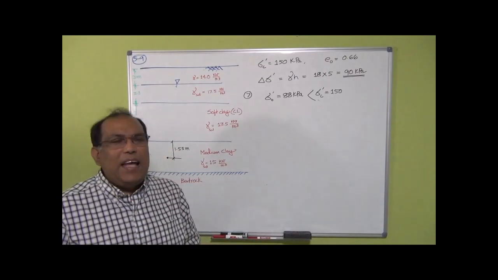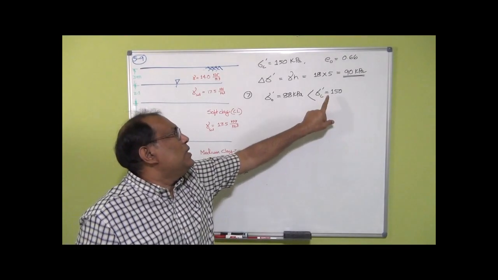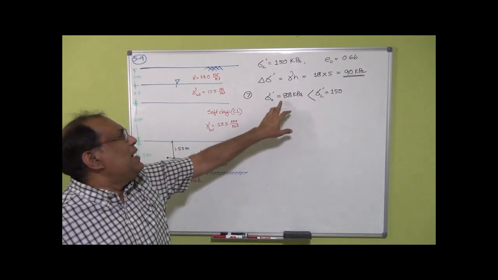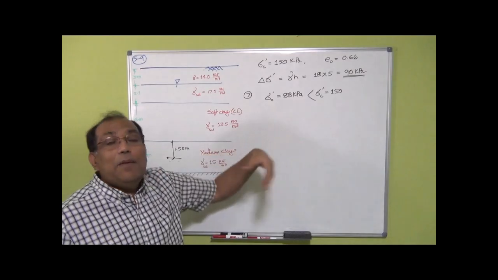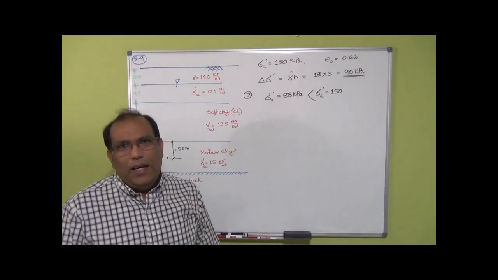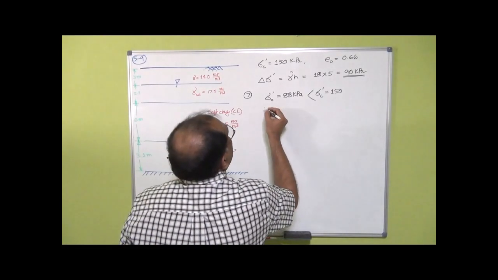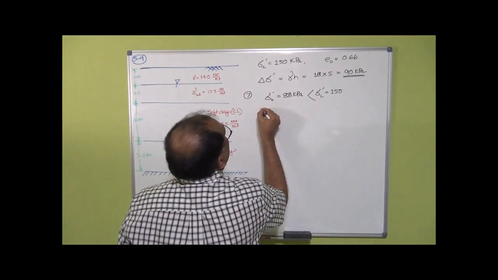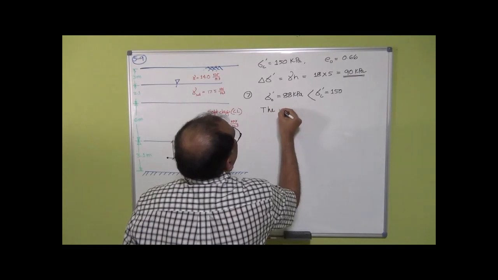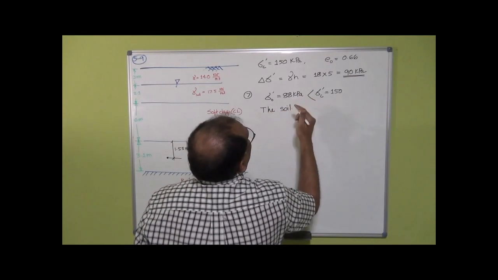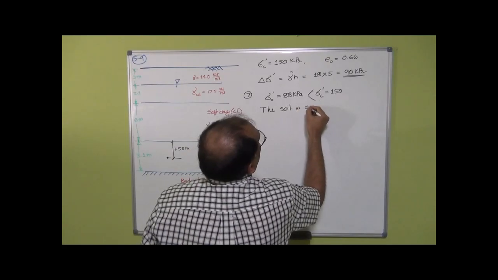So in the past, this soil was consolidated with a pressure of 150, but currently I have 88. This means in the past this one was consolidated. So this is over consolidated soil, so we can just say the soil is over consolidated.